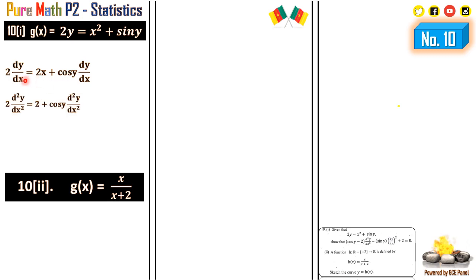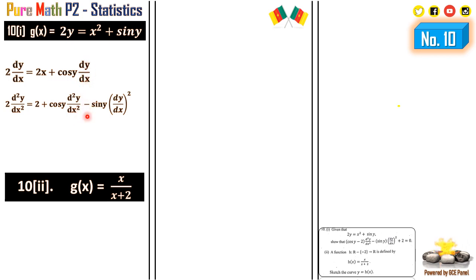So differentiate this again, we are going to have 2 d squared y dx squared is equal to 2 plus cos y dy dx. Now this is a product of functions, so we are going to apply the product rule. We keep cos y constant and differentiate dy dx, we are going to have d squared y dx squared.